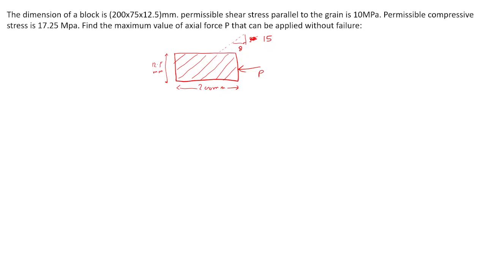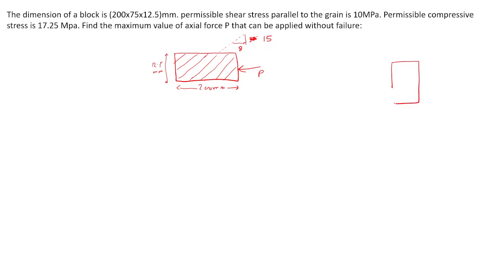Here the grain means these parallel lines, sir. Okay, this is the grain. This is the direction of grain. This means you can consider this as composite material. You know, right? What is composite material?